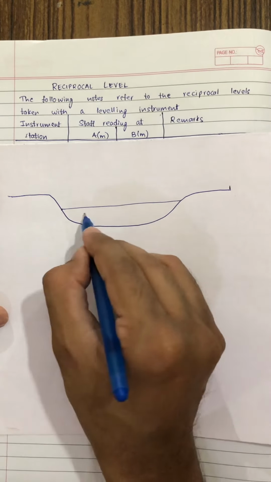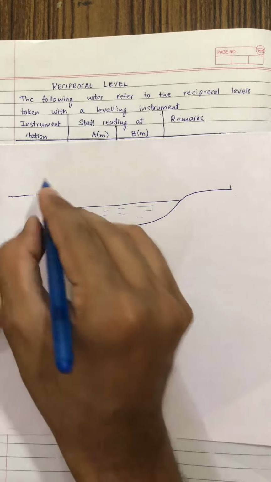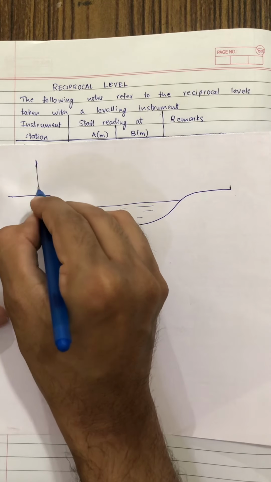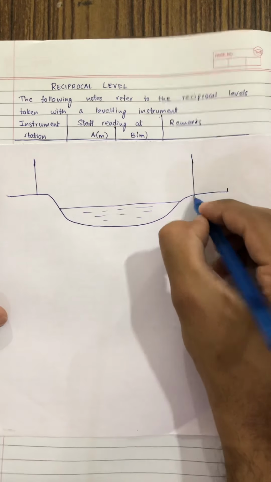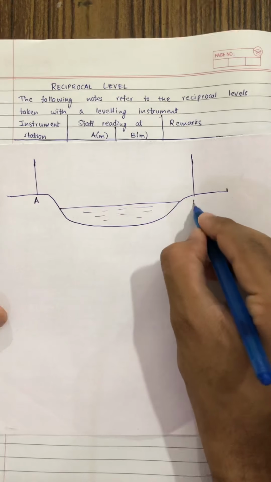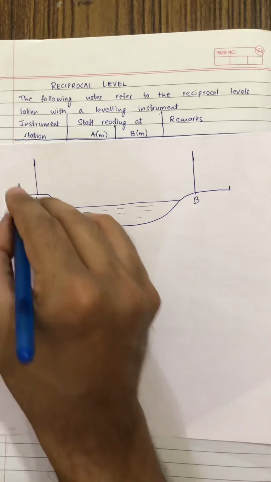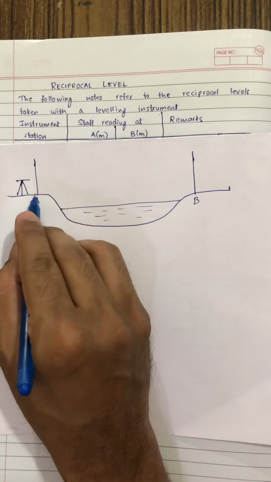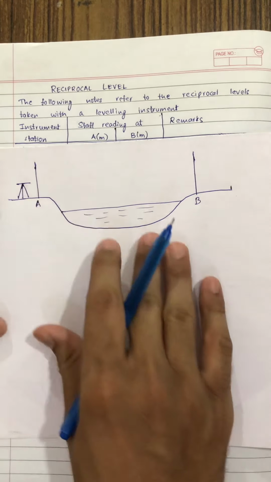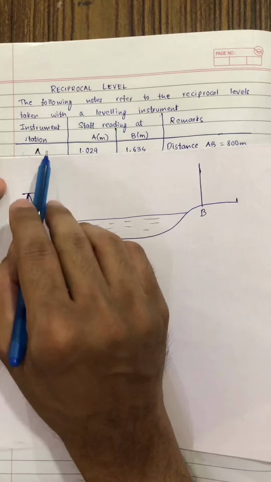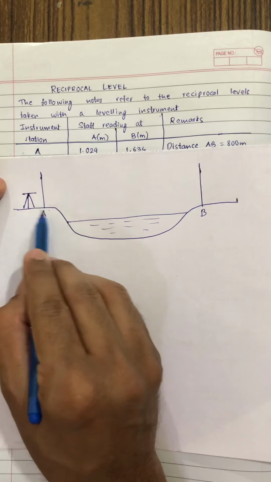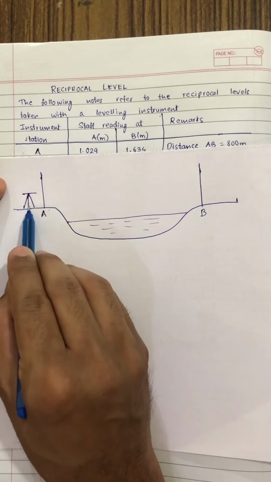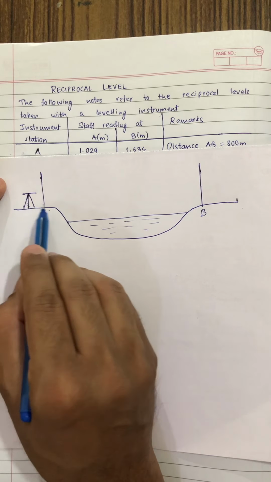These are the leveling staffs. They are placed at points A and B, and the level instrument is placed very near to point A. See this instrument station, it is very near to point A. This is the level instrument.